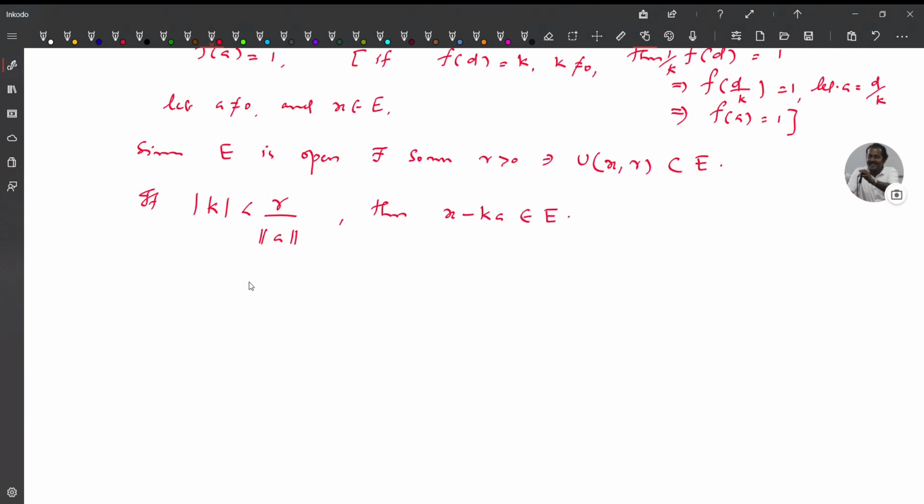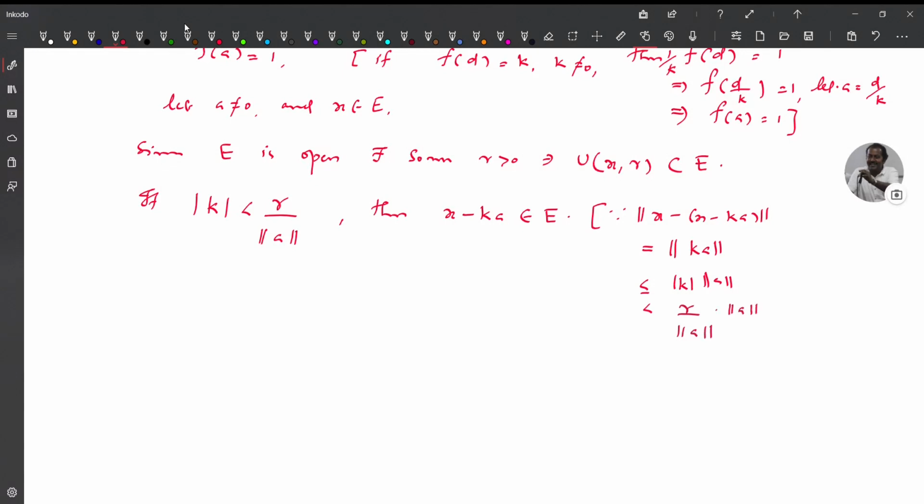This is because the norm of x minus ka minus x, this is equal to the norm of ka, which is less than, since modulus of k is less than r by norm a, into norm a.